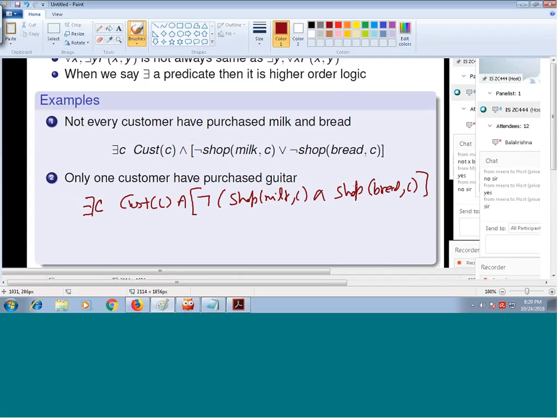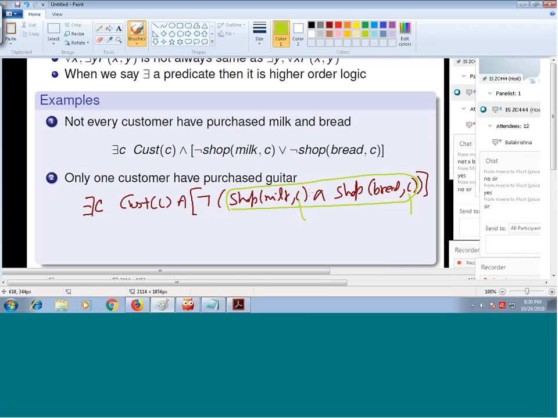This is easy if I put it like this. Shop milk C and shop bread C means that the same customer C is here also, C is here also. So the same person has shopped for the milk, and the same person has shopped for the bread. Can you understand this part only?